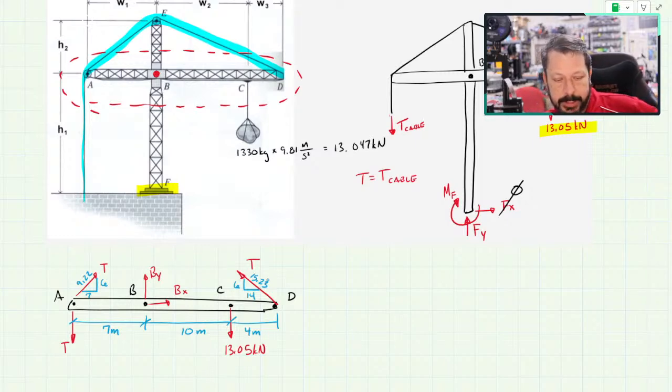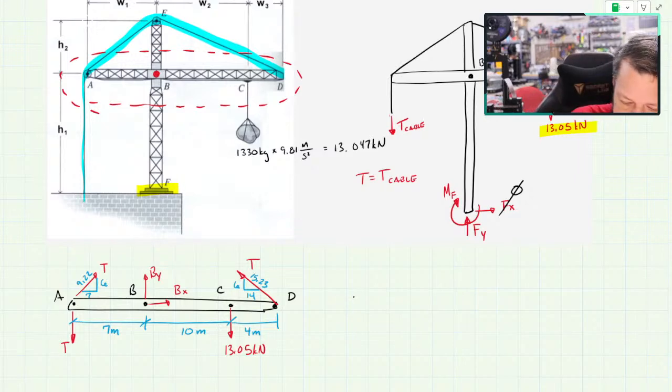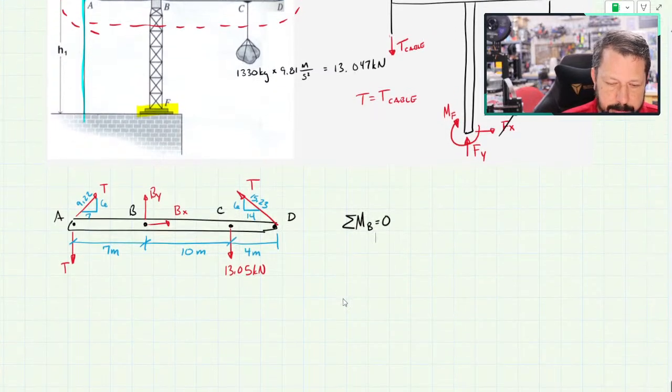So if you do inverse tangent of 6 over 14, that would give you the angle of the cable at D. So you could do it that way too. But this is everything I need. It does probably help to look and see if there's something that I can do that just solves for anything. And it looks like if I do moments about B, I'll have a bunch of stuff in the equation, but the only unknowns will be T. So I'm going to do that. Actually, let's put that down here because that's probably going to be a long equation.